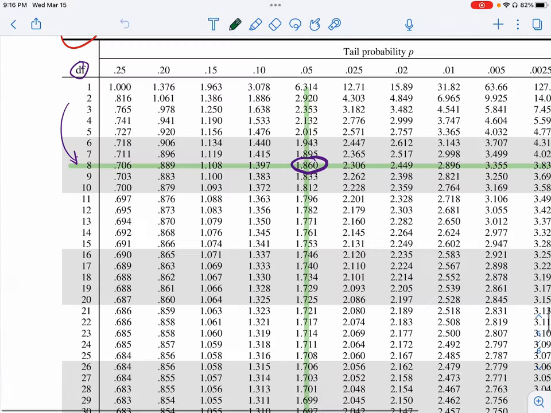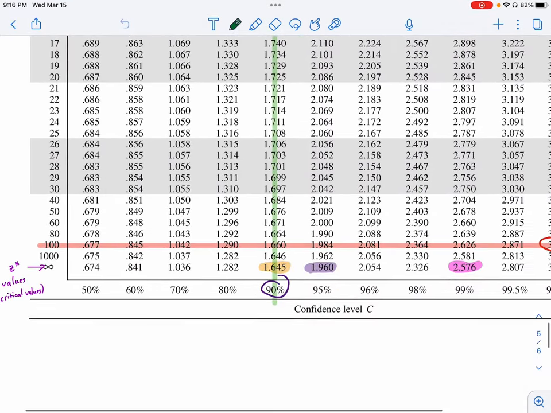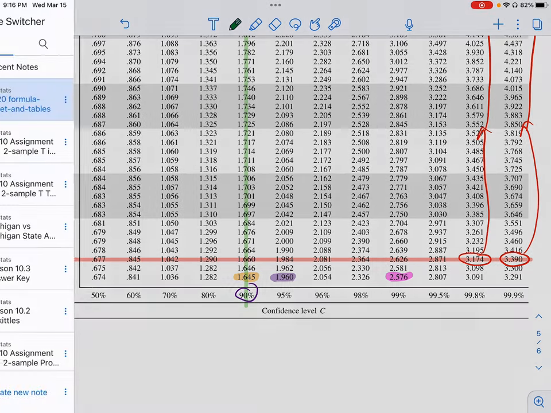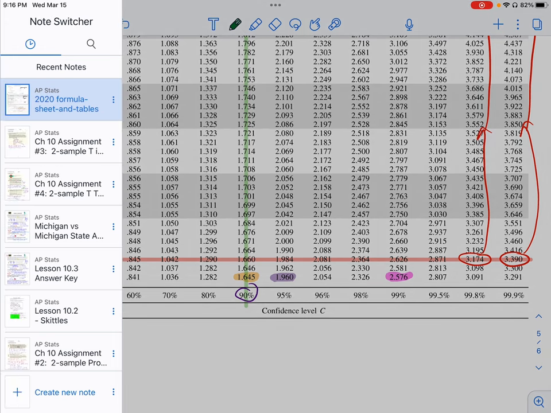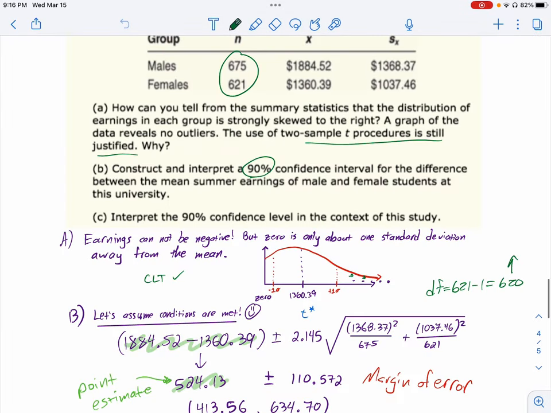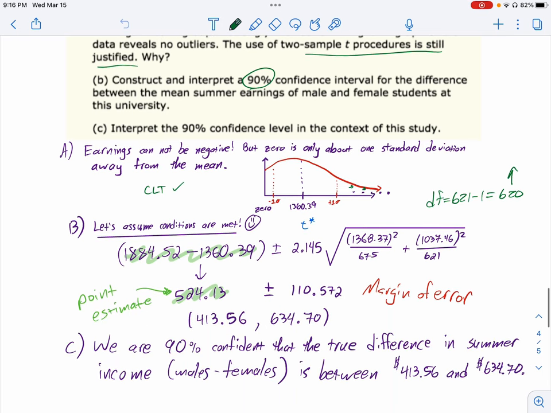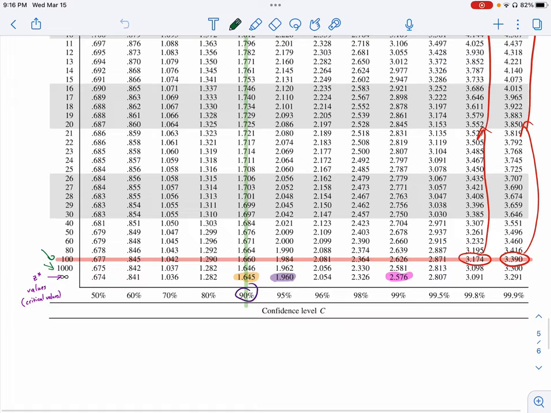I go way up to, look at that. It goes from 1,000 to 100. So I'm going up to 100, and where's my, wait a second. That's not 2.145. I don't think it is.